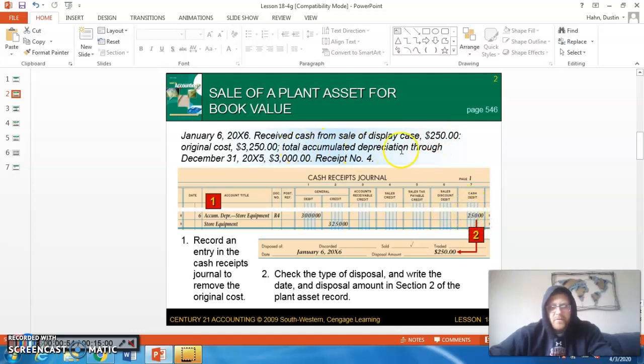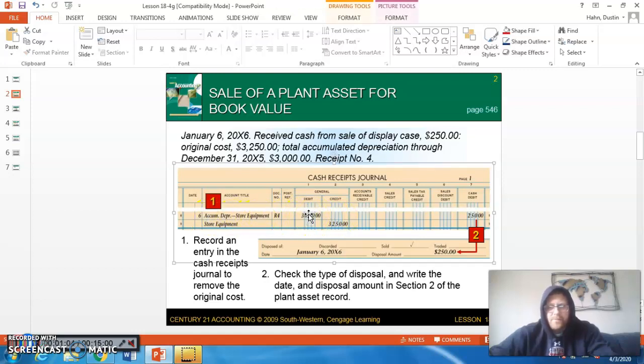Your total accumulated depreciation is $3,000. So right there's your accumulated depreciation, store equipment, for $3,000. The original cost was $3,250. That's your original cost right there, because when you actually bought it, store equipment. And then your debits and credits still equal.